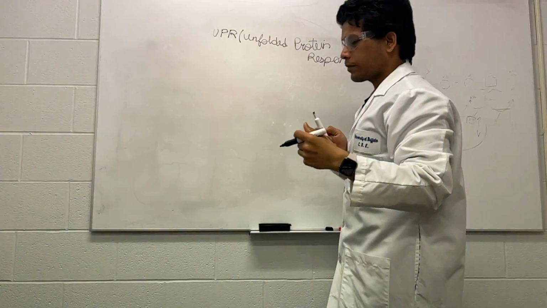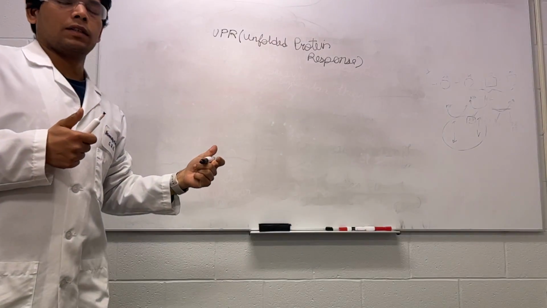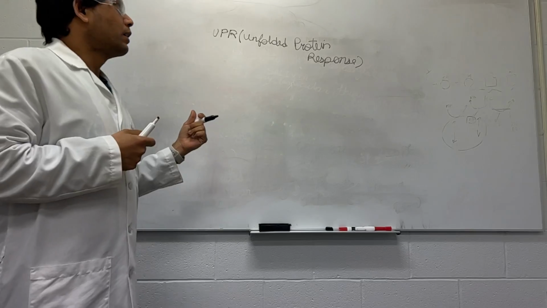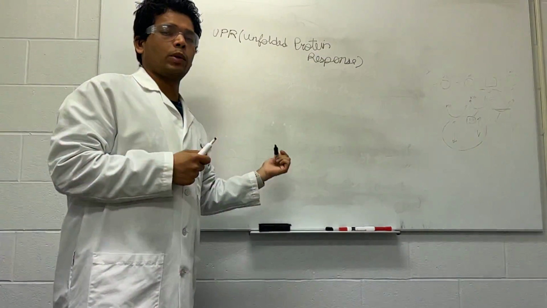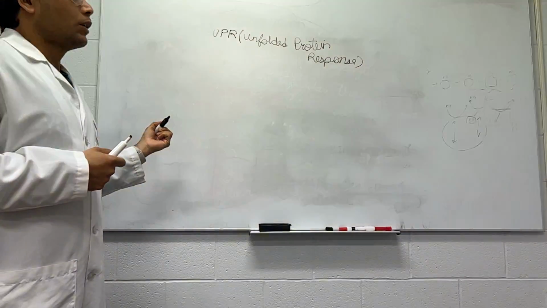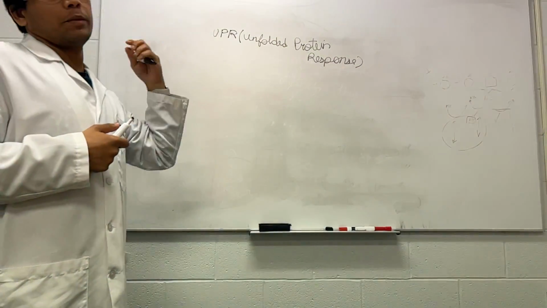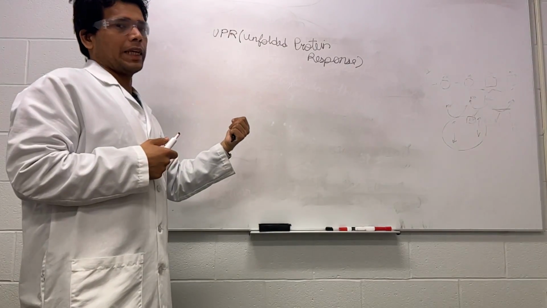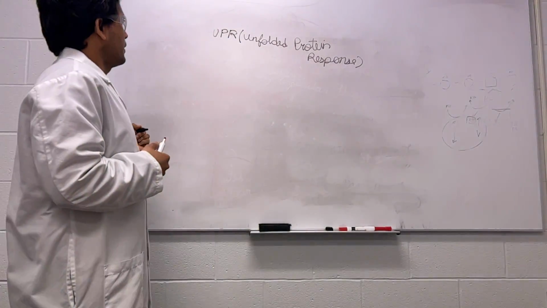Okay. As we have learned in our previous videos, it is essential for a protein to have its native structure to perform its function, for which it has been formed inside the cell and secreted.